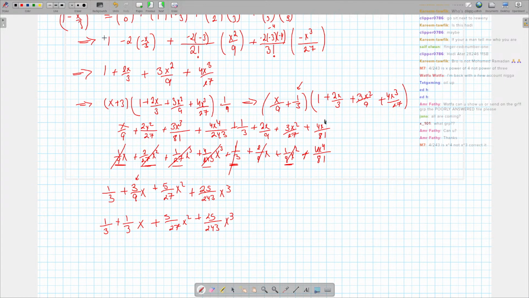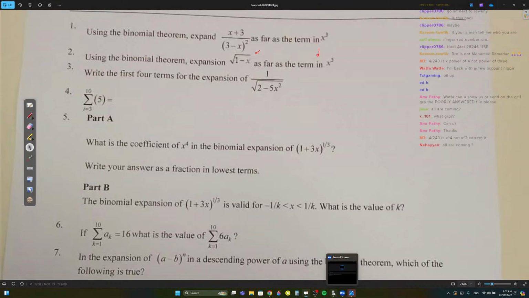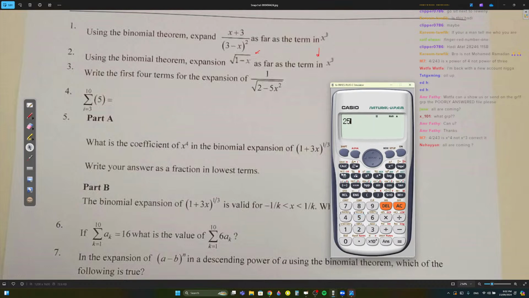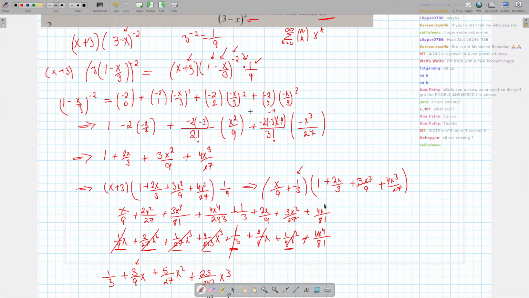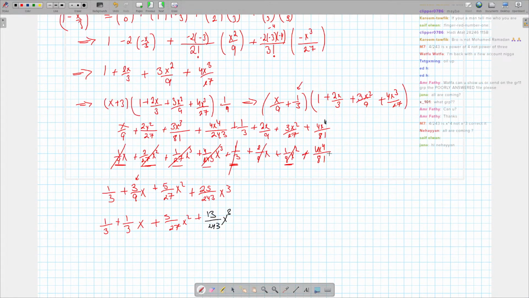And this one is not 25 over 243. So the answer should be 13 over 243 x cubed. They said as far as x cubed, that's why I didn't write the x4. Okay.